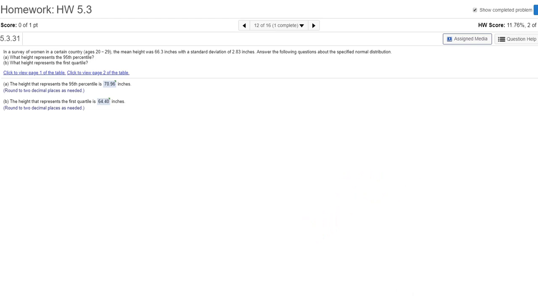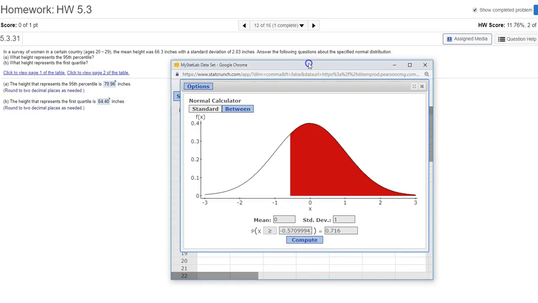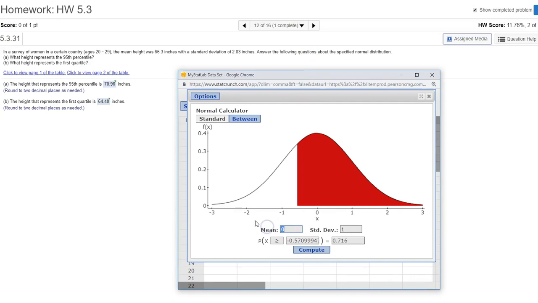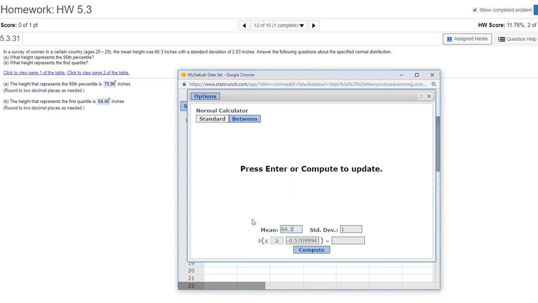Okay. In a survey of women in a certain country, ages 20 to 29, the mean height was 66.3 inches. Standard deviation is 2.83 inches. Normally distributed. Okay, like I told you in class, when it says normally distributed, I'm going to go back and change my mean. My mean is 66.3. Standard deviation is 2.83. And let's see what they're asking me.